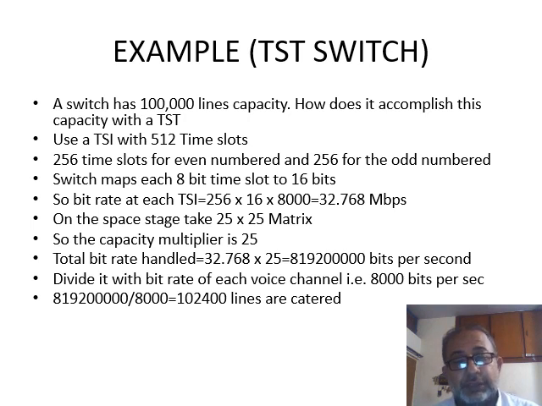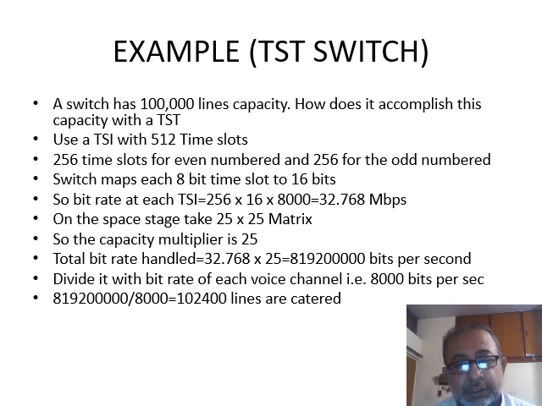If we have a three-stage network of TST, time, space, time switch, and we need to accommodate 100,000 lines, how can we accommodate it with a TST? We use time slot interfaces with 512 time slots, 256 for even numbered and 256 for odd numbered slots.